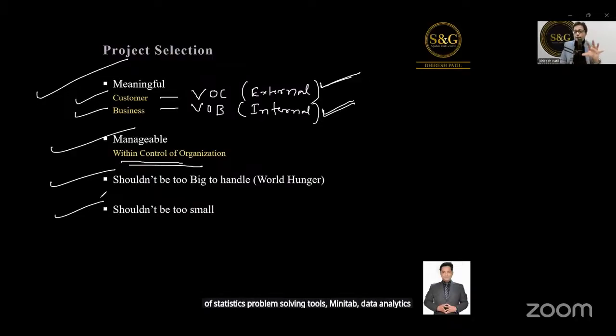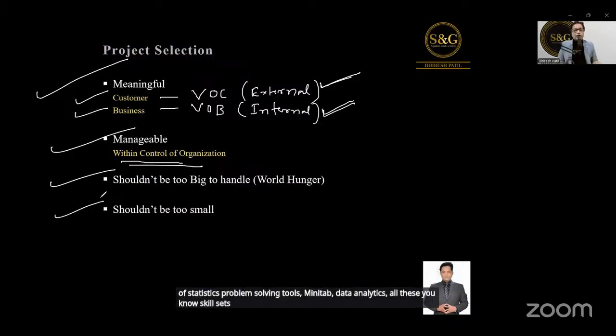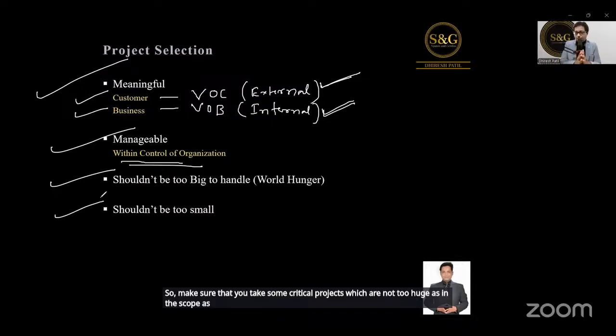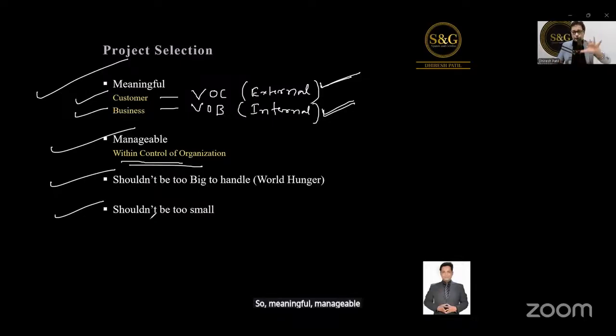We don't want to waste these critical skill sets on very small mundane problems. So make sure you take critical projects which are not too huge in scope, and not too small. So: meaningful, manageable, not too big, not too small. These are the factors we should consider.